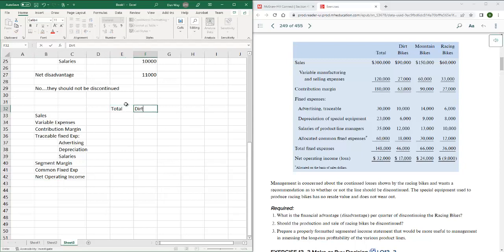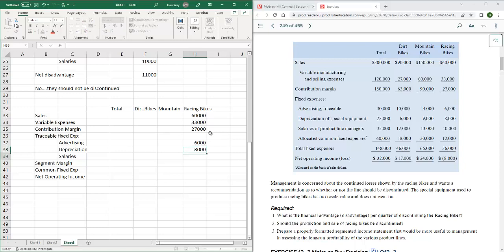Okay. So let's jot down some numbers here. I'm actually going to sketch out all the product lines here. But let's start with the racing bikes. Okay, they had sales of the 60,000, variable expenses of 33, so contribution margin of 27. Now again, their advertising traceable, 6,000.